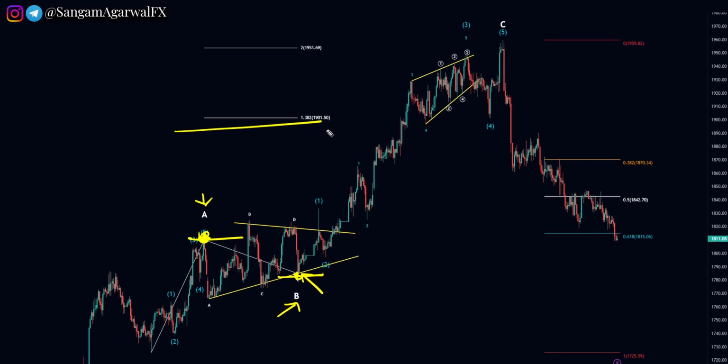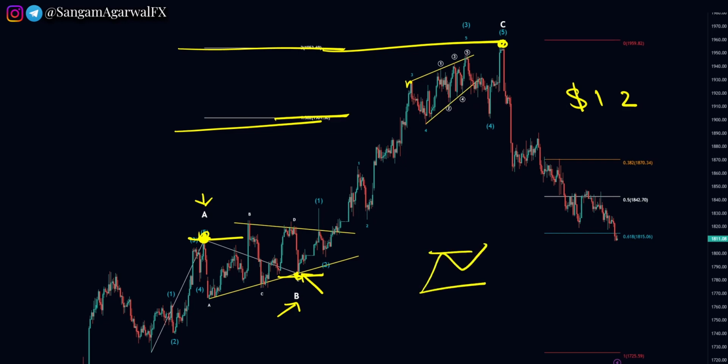And if you do not use the extension tool correctly, you will not be able to get this top in advance. There can be a $1 or $2 difference, that's not a big thing. And if you use the extension tool in the wrong way, then your difference can be $10 to $20, and that is a big difference.